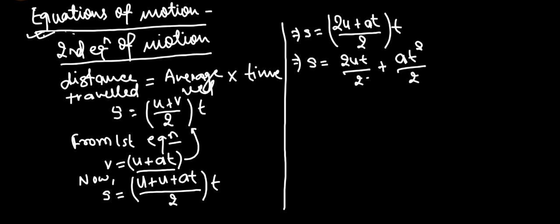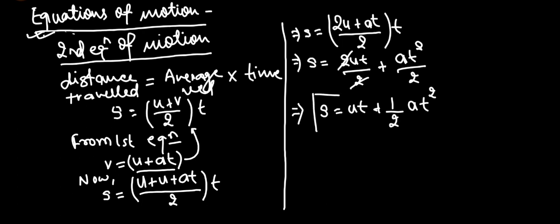Now here we can cancel 2 each from the numerator and denominator. So finally we get a new equation, that is s equals ut plus 1 by 2 at square. So this is the second equation of motion that we were discussing.